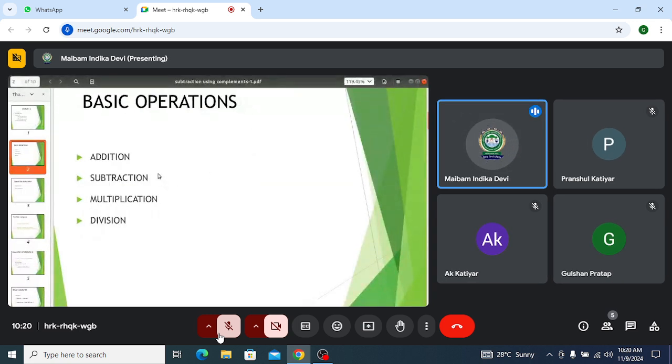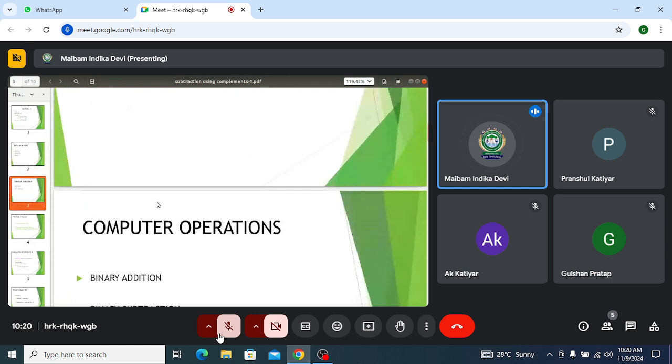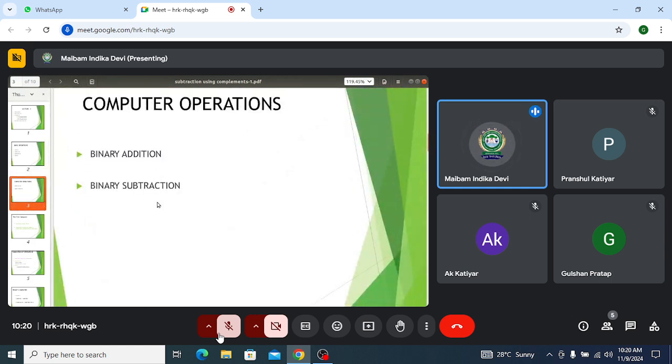So there are four basic operations: addition, subtraction, multiplication, and division. You have done all of these operations using decimal numbers in your lower classes: how addition is performed, subtraction, multiplication, division. Now, in computers, the basic operations that will be performed are binary addition and binary subtraction.